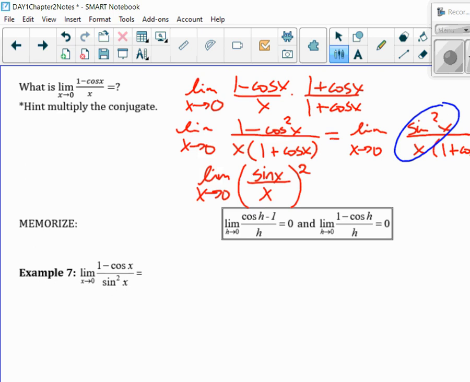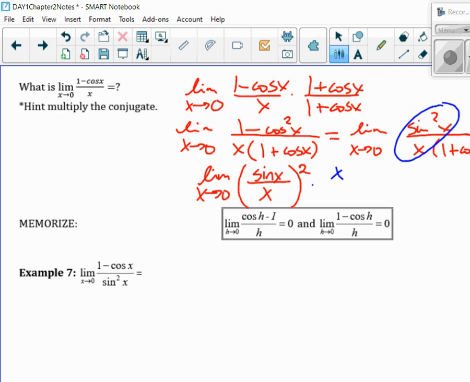Because I put an x here, I got the setup I want, right? The sine x over x. However, it was only one single x there before, but really I have two x's there. So what do I have to do to compensate? Put an x there, right? That would compensate. If I were to square this, I have an x squared at the bottom, and that x would cancel the x squared at the bottom.